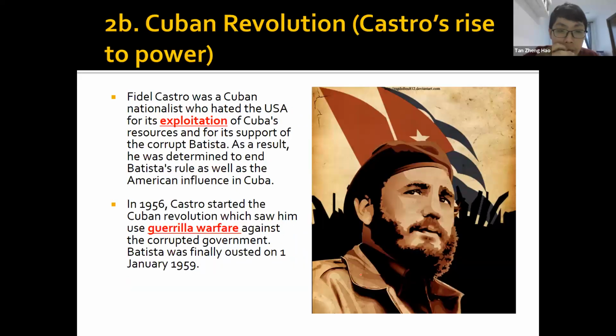This guy here. Castro understands that people are very sick and tired of Cuba being always under the control of the US, the US always controlling Cuban businesses. So he started this revolution to try and create a new Cuba, and he finally succeeded in overthrowing the Cuban government and became basically the dictator of Cuba.